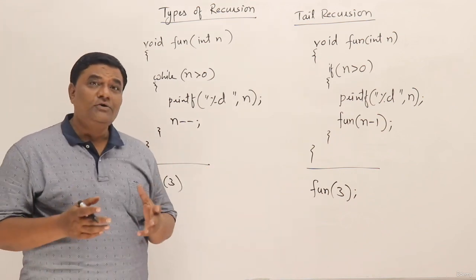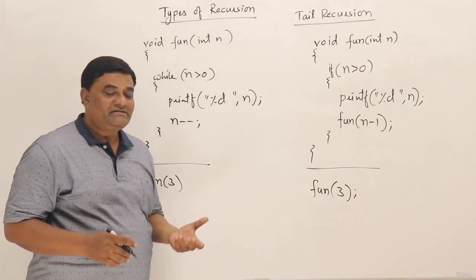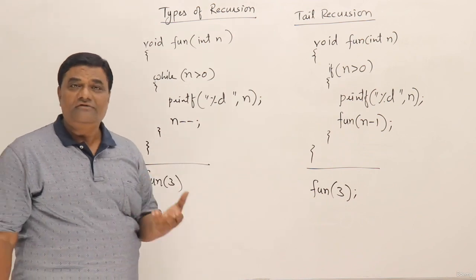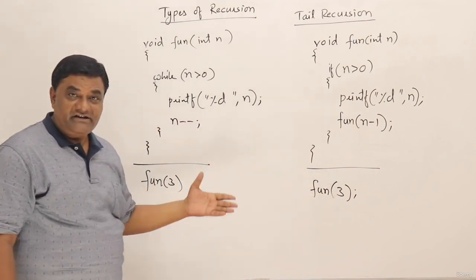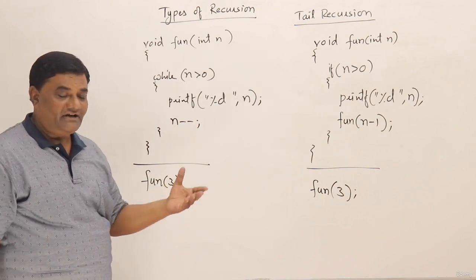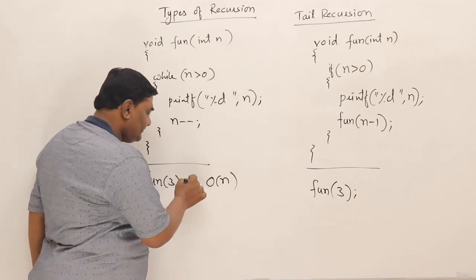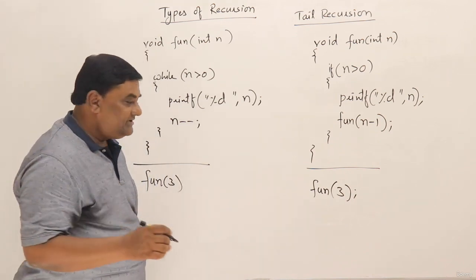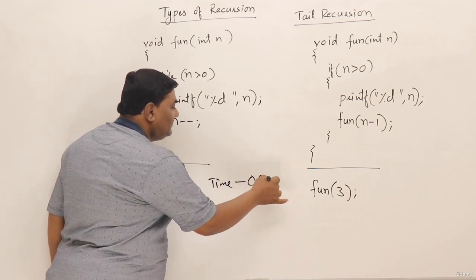Now let us decide which is efficient. In terms of time, this is printing 3 values and this will also print 3 values. So the amount of time spent is the same. Whatever the value of n is given, if it is 3, then it is 3. If it is 5, then it is 5. So the time taken by both of them is order of n.